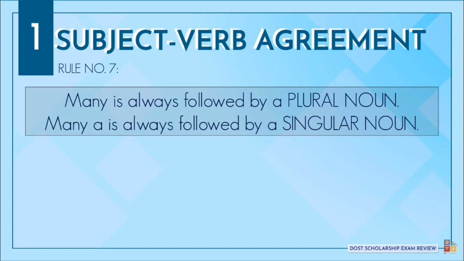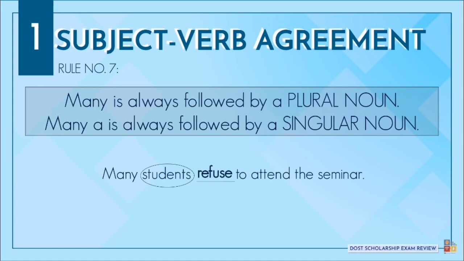Many is always followed by a plural noun, while many a is always followed by a singular noun. Say for example, many students blank to attend the seminar. Many is followed by the plural noun students, thus it would take a plural verb prefix.